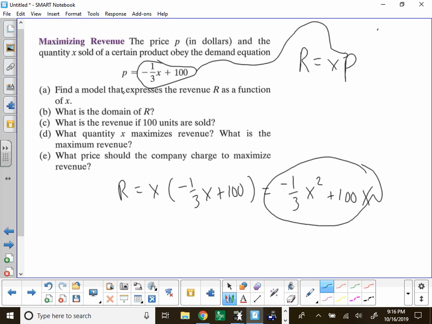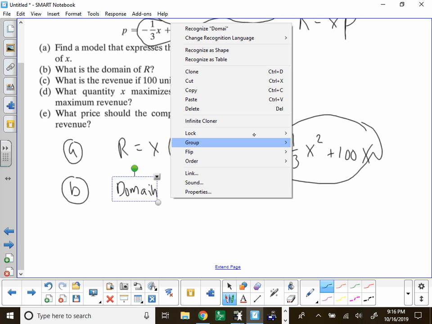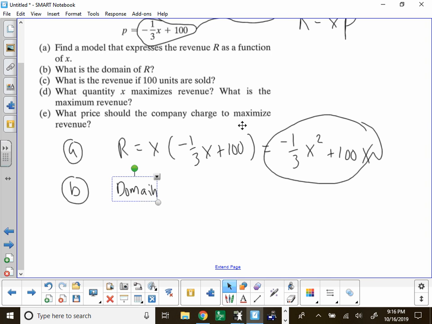Okay, the domain of the function. The domain of the function can be seen here, because if x was 0, then there'd be no revenue, and you can't have anything below that. So this is part A, this is part B, and I want the domain of R. Come back, pen, there we go.